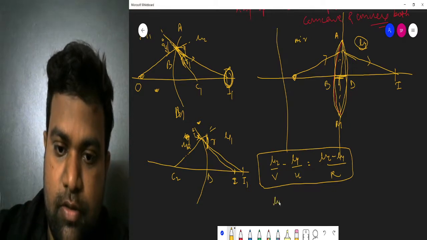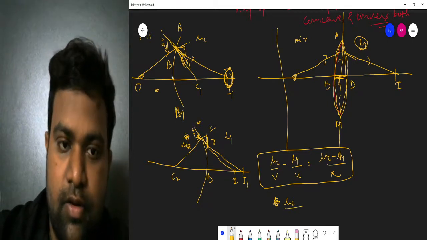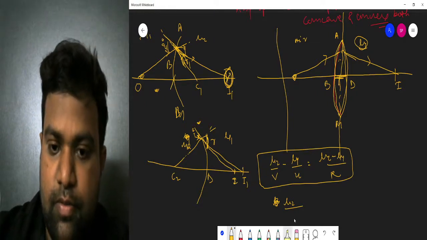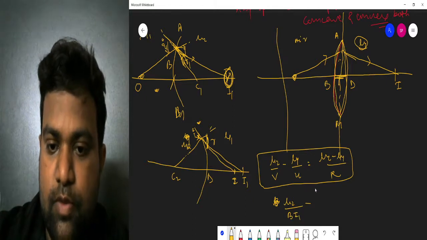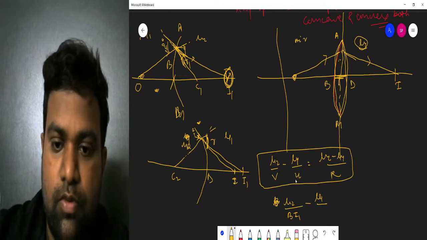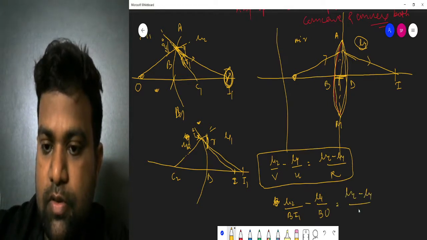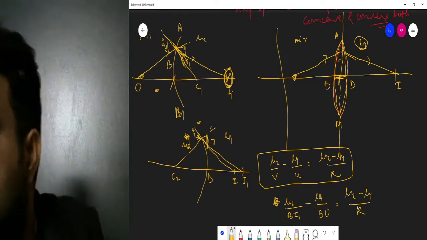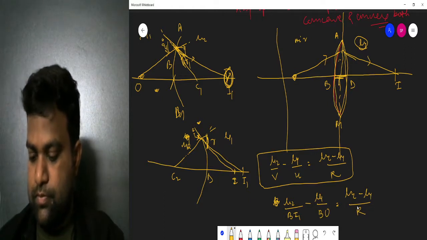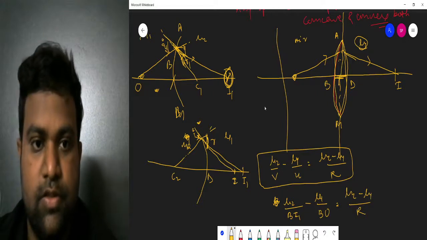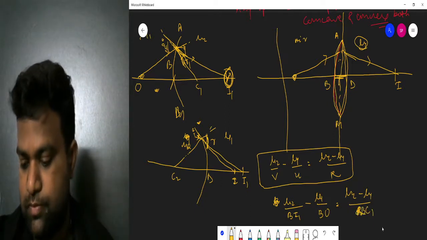So you can write mu 2 by V, here your BI1, minus mu 1 divided by U, okay, U is BO, equal to mu 2 minus mu 1 by R, or mu 1 minus mu 2 by R. Or you can say this is what we have taken BC1 as R, or you can write here BC1, okay.